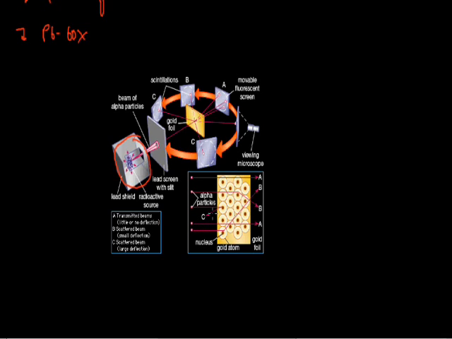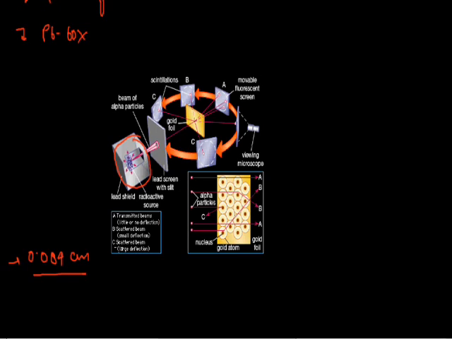Now this beam of alpha rays was directed against a thin gold foil which is approximately 0.004 centimeter thick. Now you can guess how thin this gold foil is. That's why gold is used for scattering.